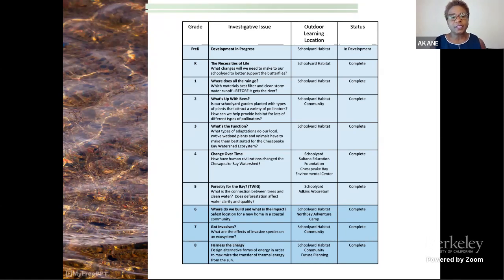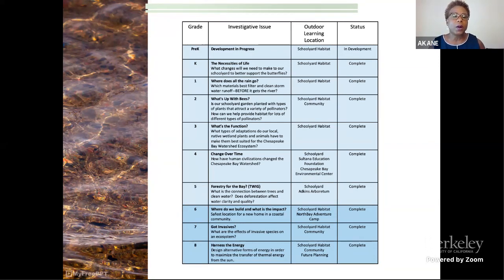We have listed some of our environmental partners in this matrix because they were absolutely crucial to creating the matrix and in providing that outdoor experience for all of our students. So Sultana was one of the partners that helped with this, Chesapeake Bay Environmental Center.